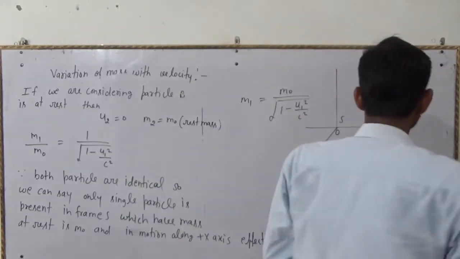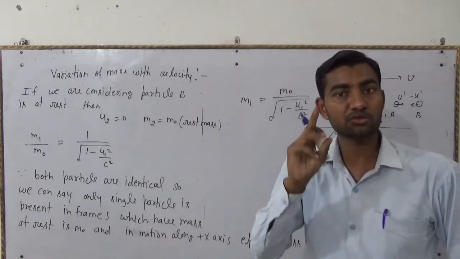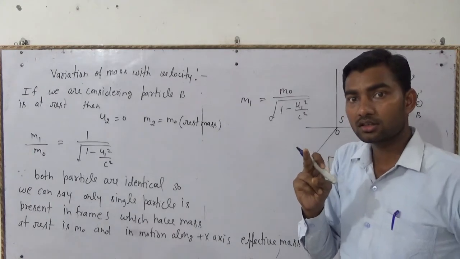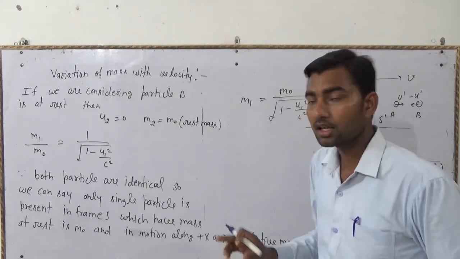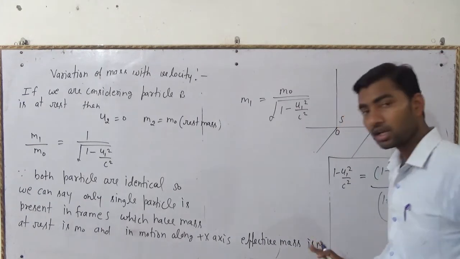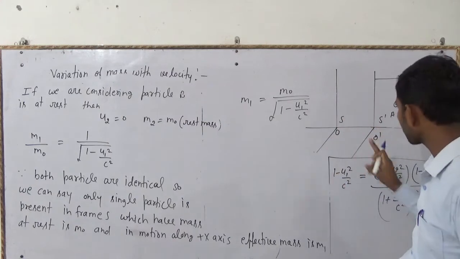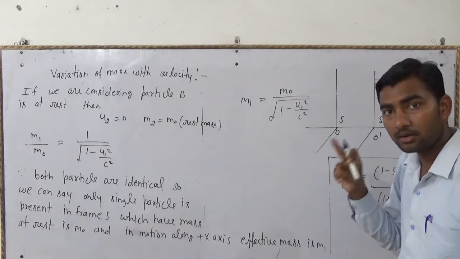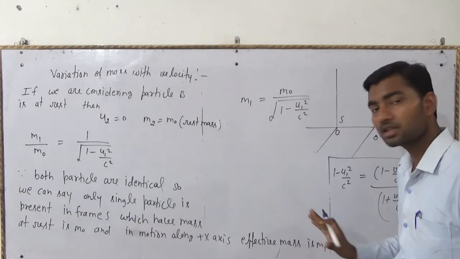Remember this, if in place of two particles we are considering one particle because both particles were identical, it was my assumption. If one particle is at rest, then its mass will be m naught, and in motion its mass will be m1. It has rest mass m naught, and during motion it has effective mass m1.